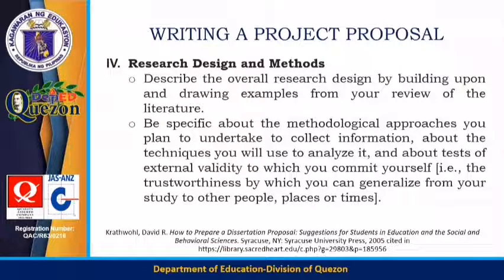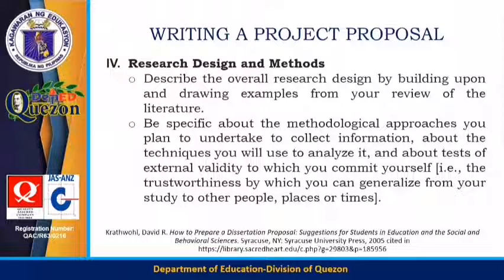Be specific about methodological approaches you plan to undertake to collect information, about the techniques you will use to analyze it, and about the tests of external validity to which you commit yourself. So validation is a very essential thing in conducting research.